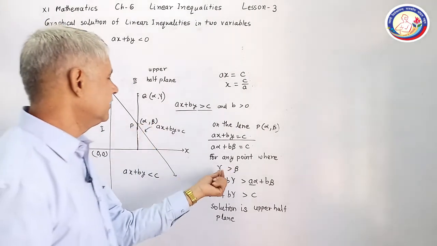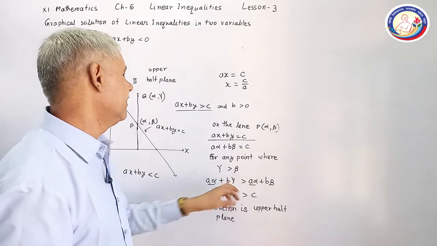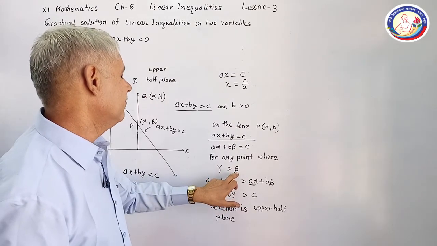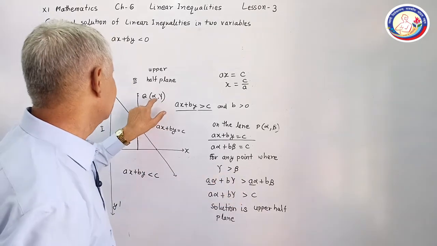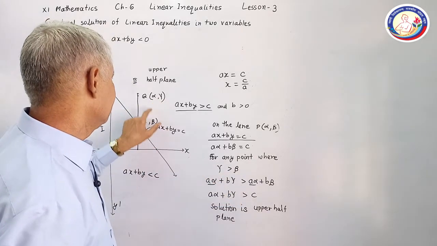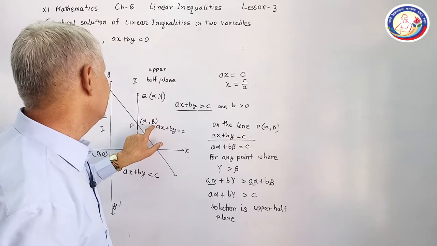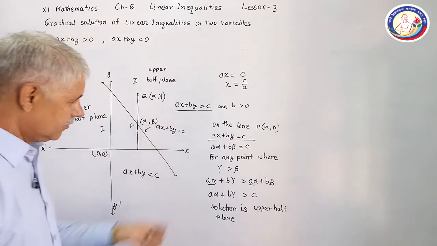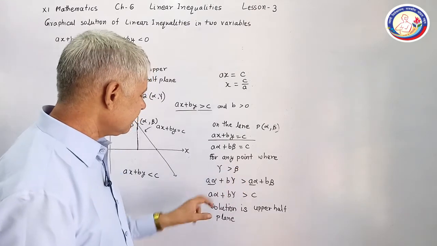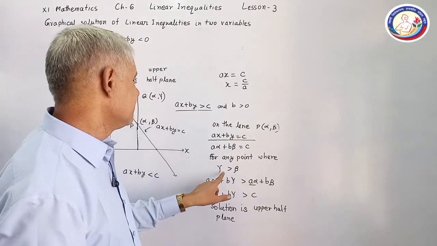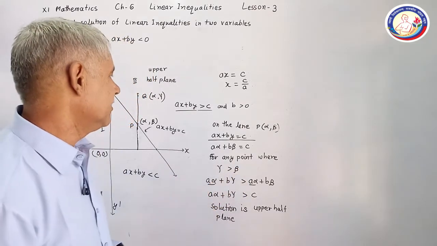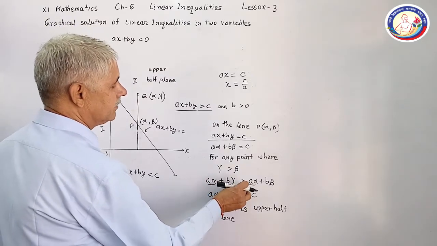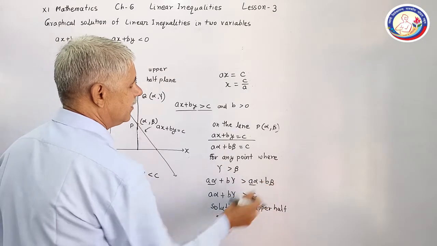So here the condition is gamma is greater than beta. It means the y coordinate of point Q is greater than the y coordinate of point P. If we put this value in this equation, then a alpha plus b gamma is greater than a alpha plus b beta. How?